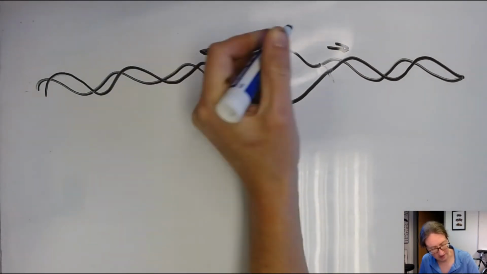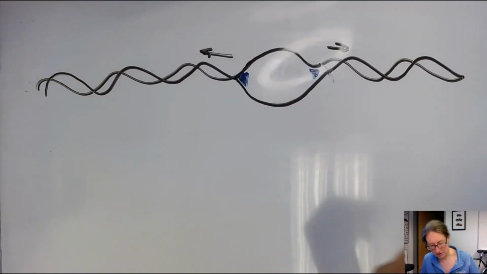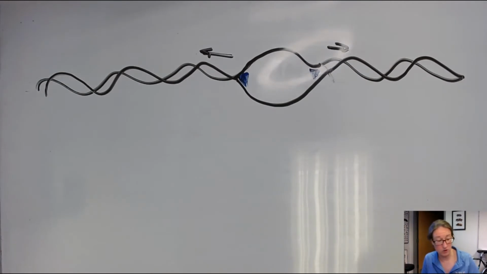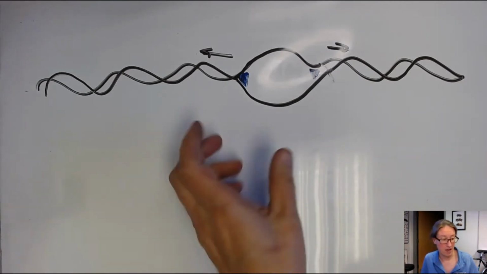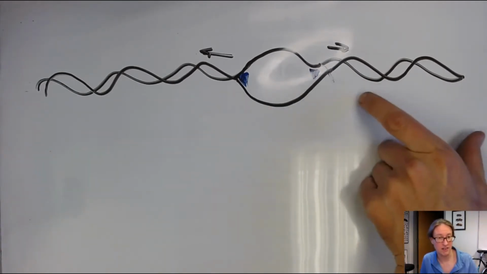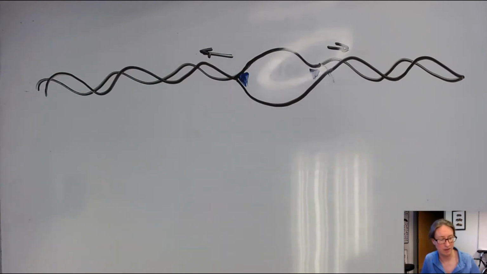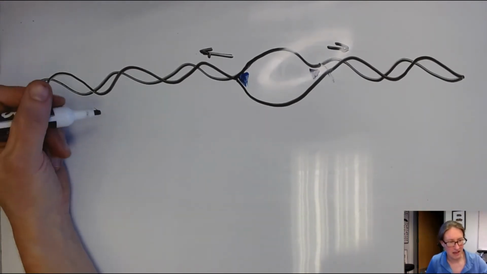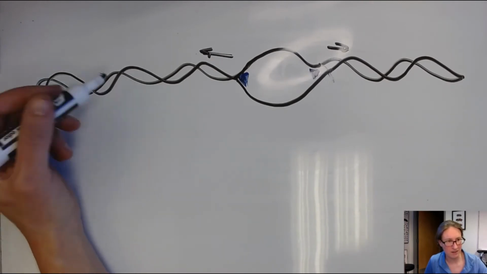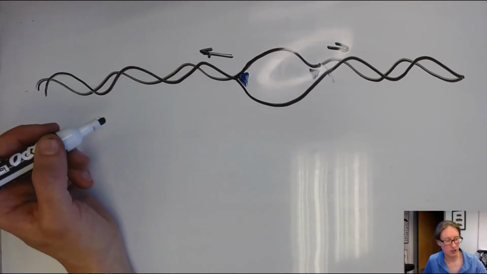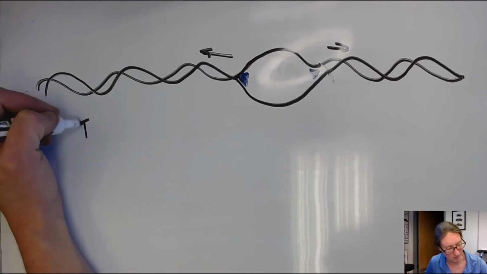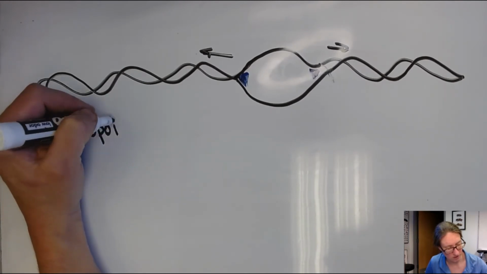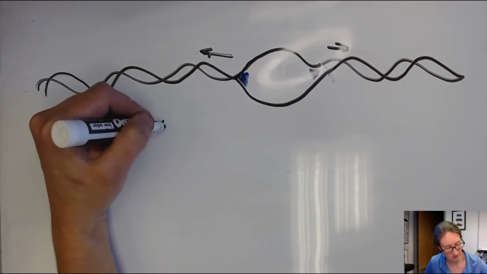So here's my helicase unzipping. So it's going to actually cause what's called supercoiling along the pieces of DNA that are further out from the replication fork. So there's another enzyme that is involved in this process that prevents that extra coiling happening upstream of replication. And so that is done by an enzyme that's called topoisomerase.